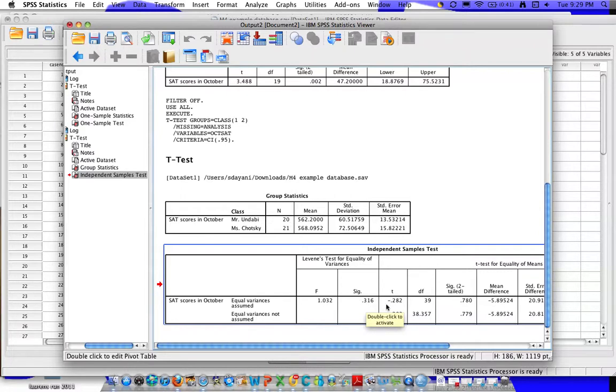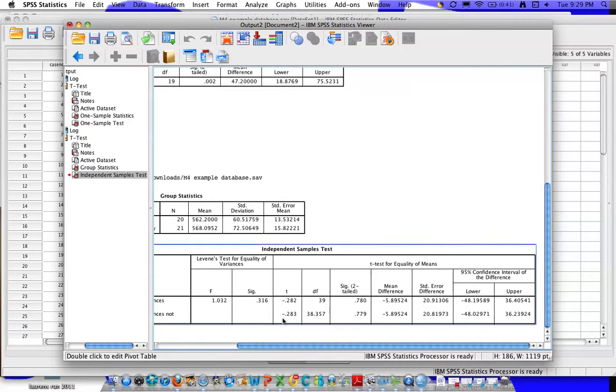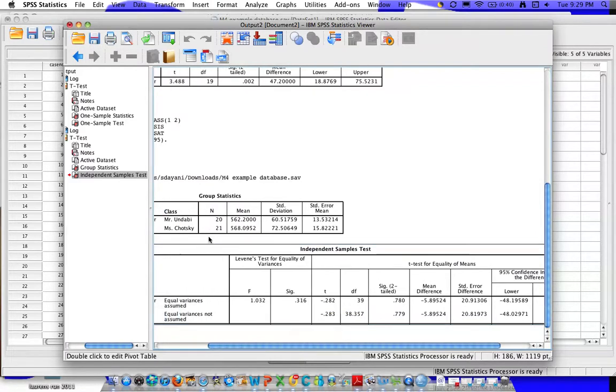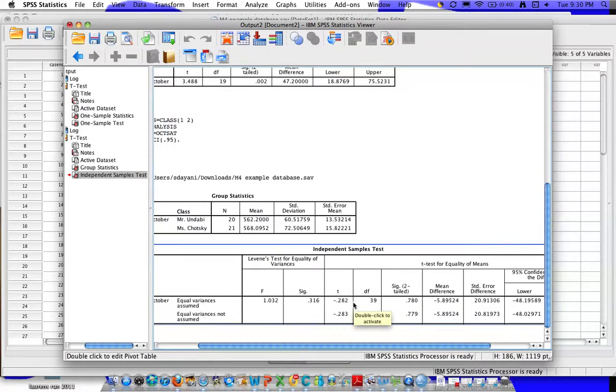Now you scroll over, and you find your t-value, which is right under the letter t. The t-value is negative 0.282. You can report that as negative 0.28. You move over one space and you have your df, your degrees of freedom, which is 39. Now if you notice, usually, or in the past, your degrees of freedom was calculated as n minus 1.